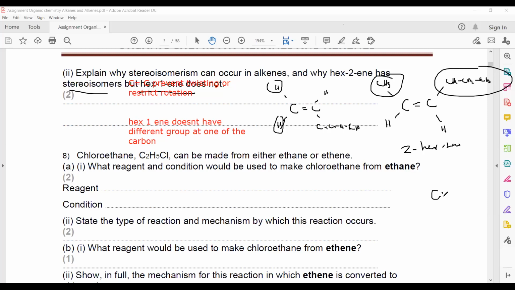That will be wrong, because cis and trans are used when identical groups are attached. If identical groups are attached on the same side, then cis. If identical groups are attached on opposite sides, then it is trans. In this case they are not identical groups, so I cannot say this is cis. I can only say it is Z.